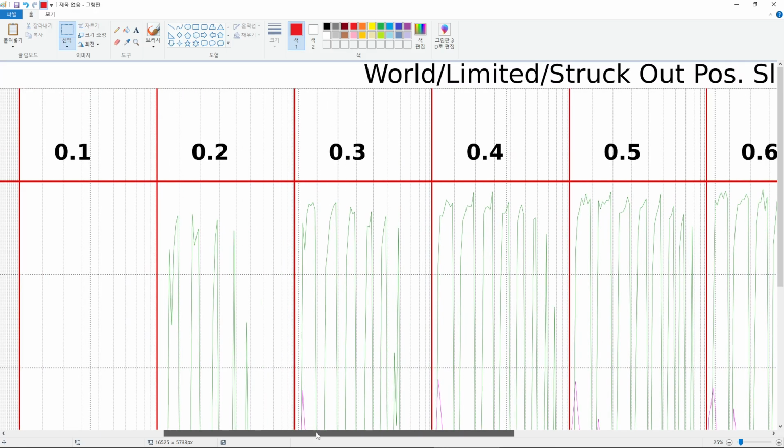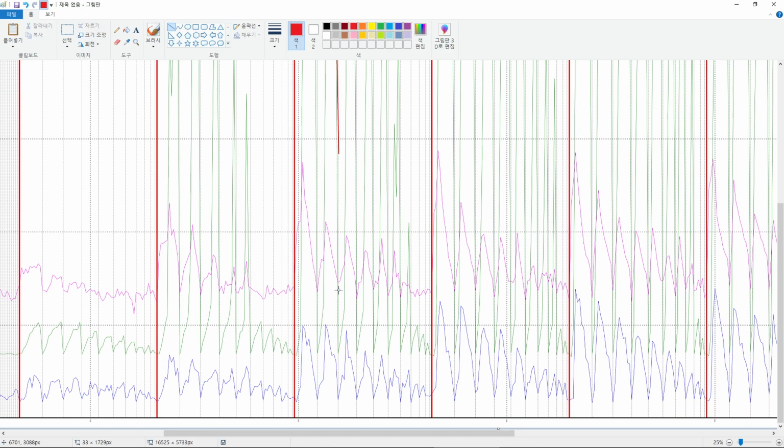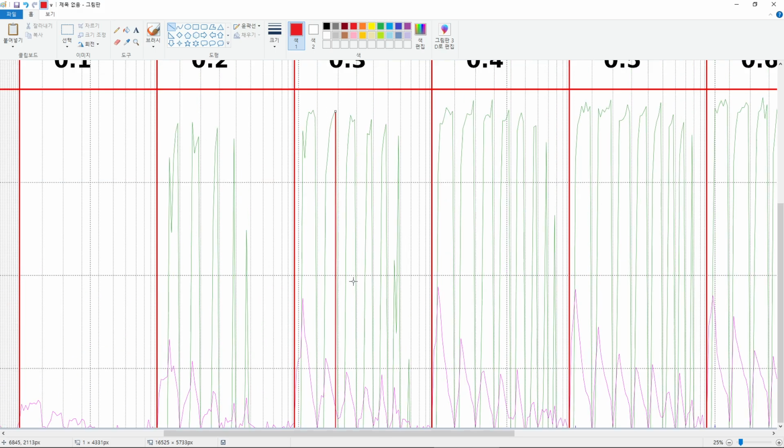Go to one of the points, and I want to draw a straight line for the limited all the way down to 0. Is this a straight line? Are these parallel? Yeah, it is parallel.